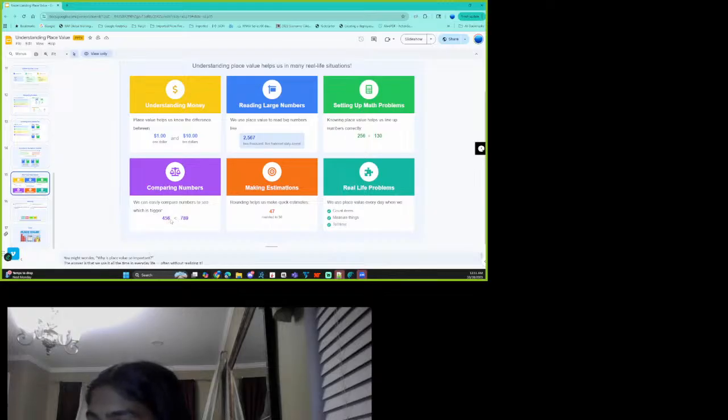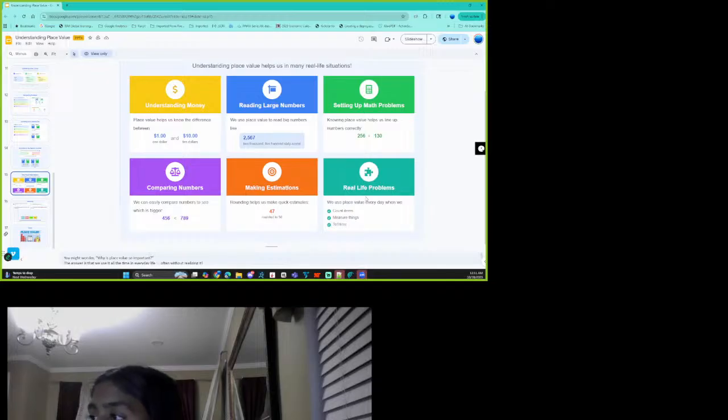So 456 is less than 789. And making estimations, rounding helps us make quick estimations. So like before, 447 is rounded up to 450, which we can estimate quickly based on the place value.